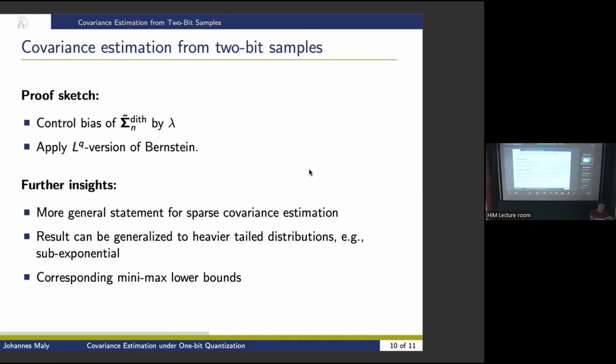What you then pay is that you raise the log n factor in the result to the power of the tail that you want to have. So also here, there's kind of a trade-off at the moment. And we have corresponding minimax lower bounds. So the estimator is optimal, the estimates we get are optimal in that sense.